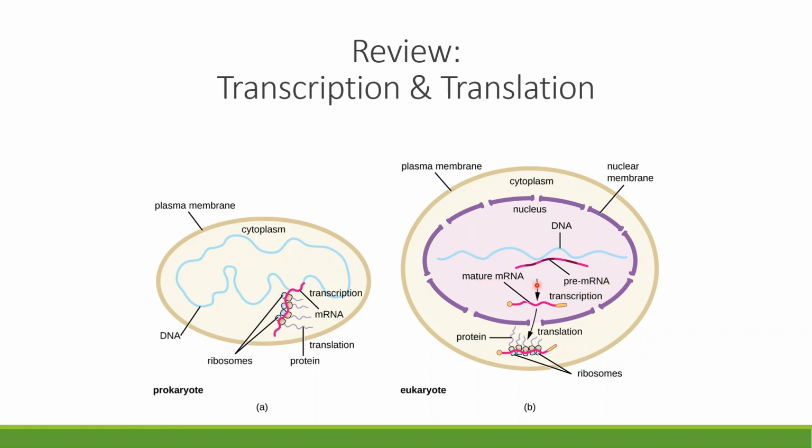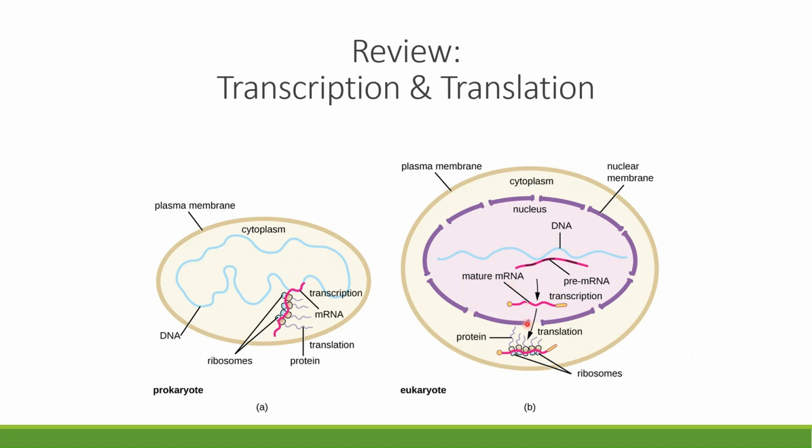And once those introns are removed, there's some other things that happen that I don't require for this course, but it is now prepared to leave the nucleus. And if you look over at the prokaryote, there is no nucleus. So it doesn't require this. There's no pre-mRNA. It's ready to go straight over to the ribosome. There's no introns to remove.